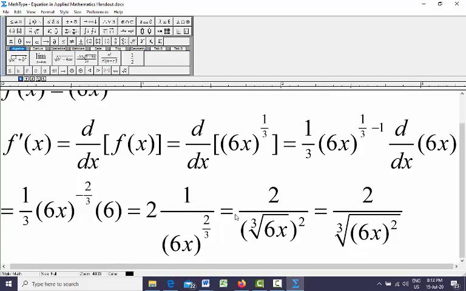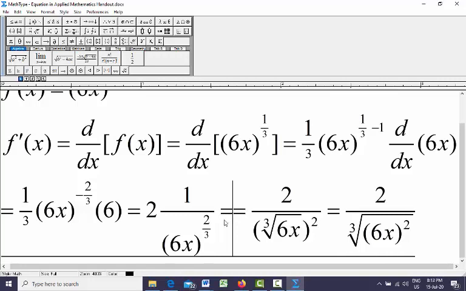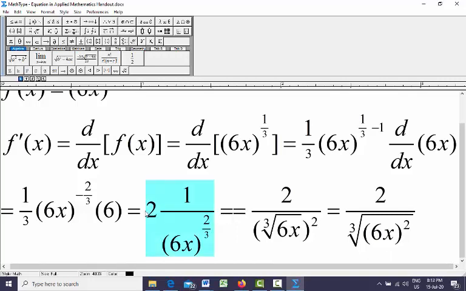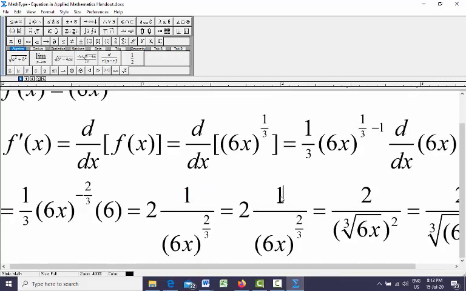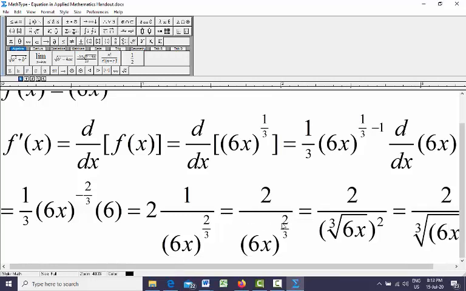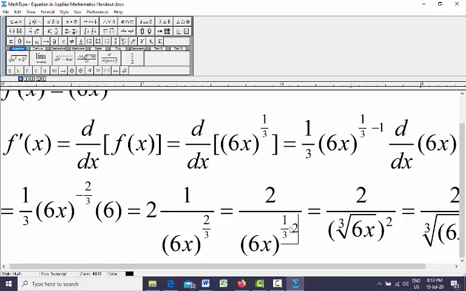let me write another step here so that you get a clearer picture. You might find this a little difficult. In that case, I will request you to study this at home, okay? So we can write it this way. This 6x power 2 by 3 can be written as 1/3 multiplied by 2, right?